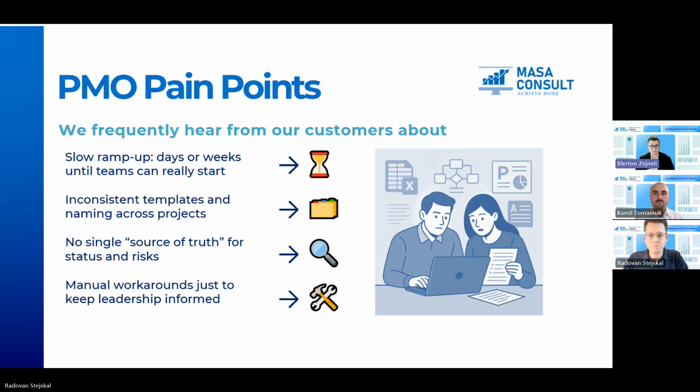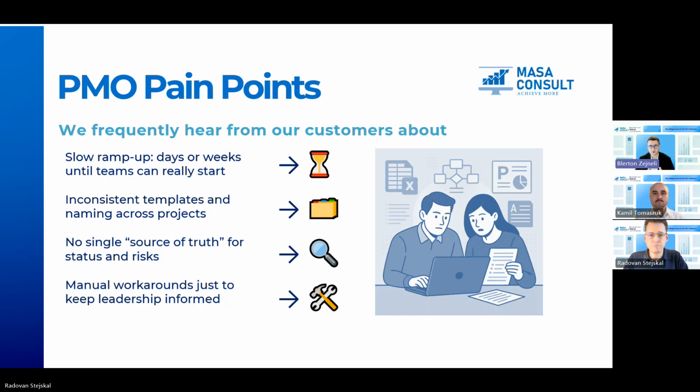Secondly, templates are all over the place. Different project managers tweak their structures. There is different naming, different columns, and over time, you end up with 10 different versions of what was originally the same project template. In addition to that, there is no single source of truth. This is another huge obstacle that we see in many PMO situations.